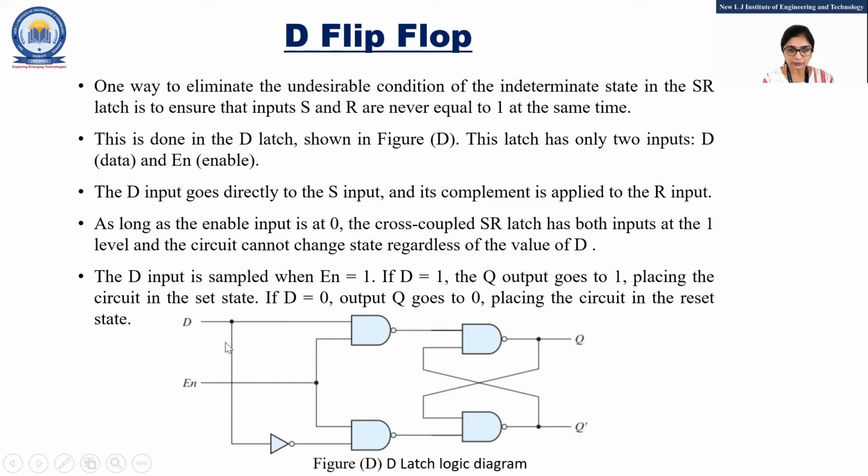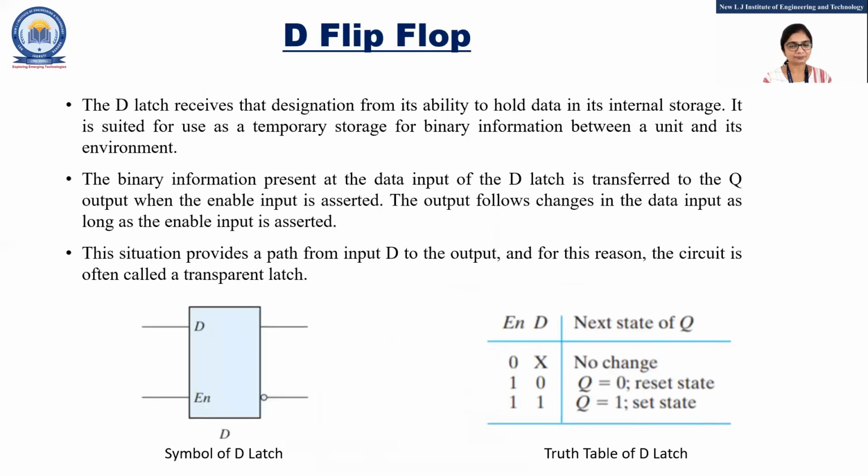If D is 0, output Q goes to 0, placing the circuit in the reset state, as we discussed in the previous flip-flops, JK and T. So it will simply pass the input signal to the output signal. So we can say this flip-flop is known as a storage element. It will simply store the data.